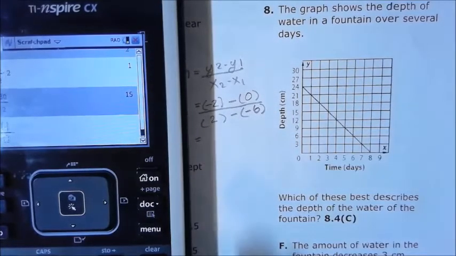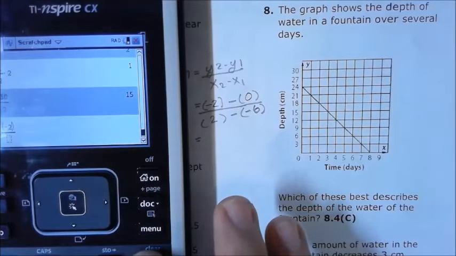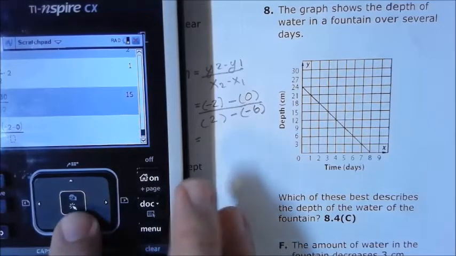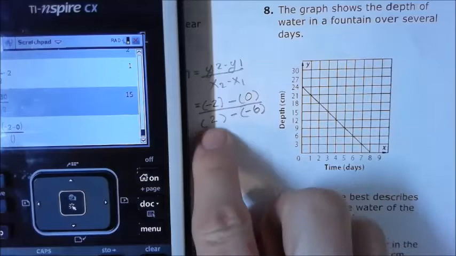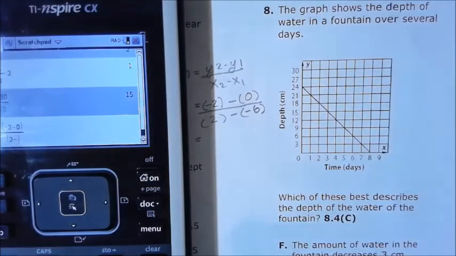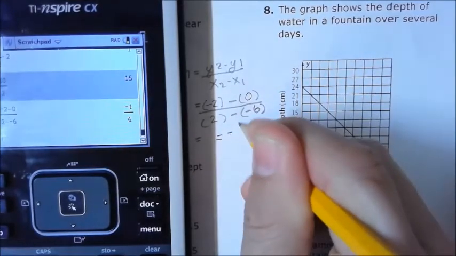So we have -2 minus 0, and we're going to go down, put our parentheses, and then we have 2 minus -6, and then we hit enter, and that gives us a value of -1/4.